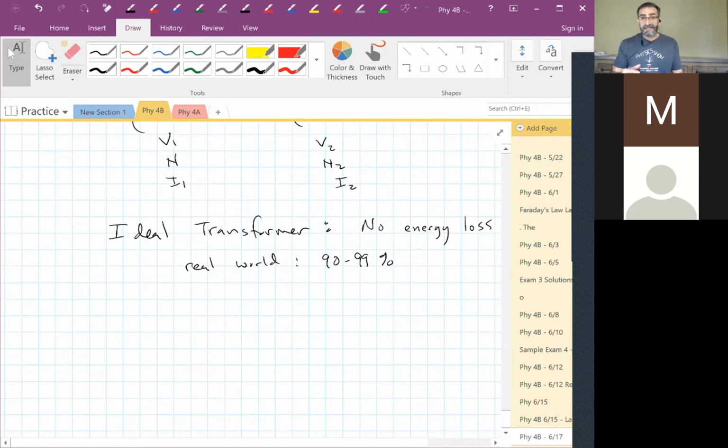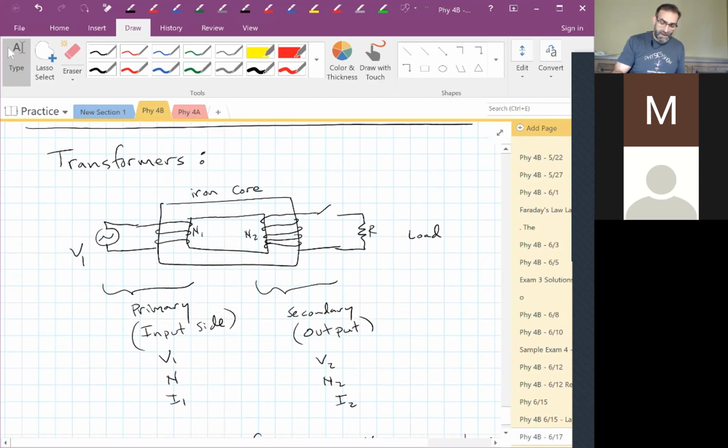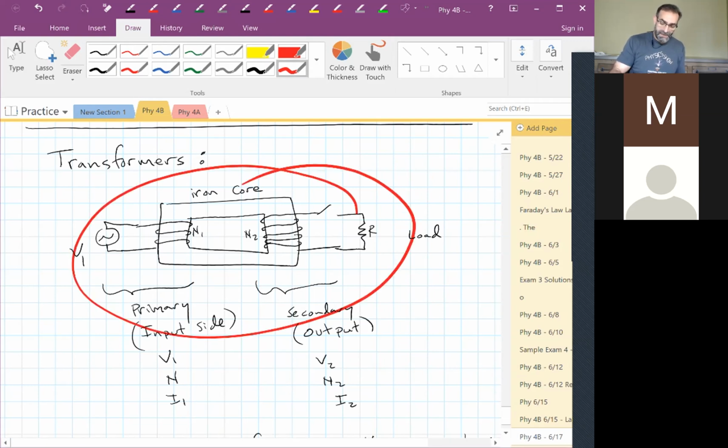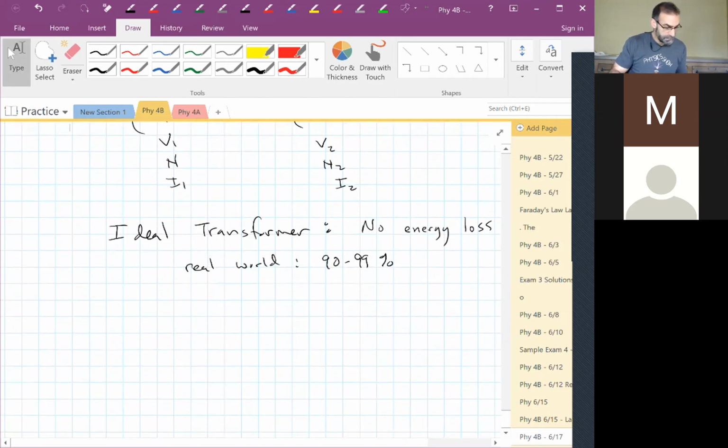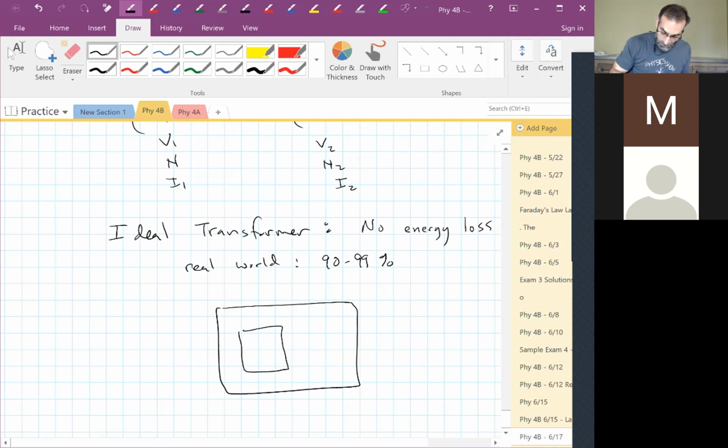How do they get so efficient? Well, all the magnetic flux from coil 1 has to end up going through coil 2. And you could probably imagine, if this is what my transformer looks like, some of the magnetic flux generated by the first coil isn't going to make it through coil 2. How do we improve that? Well, most transformers have an iron core that looks like this one, and then the coil of wire is here.